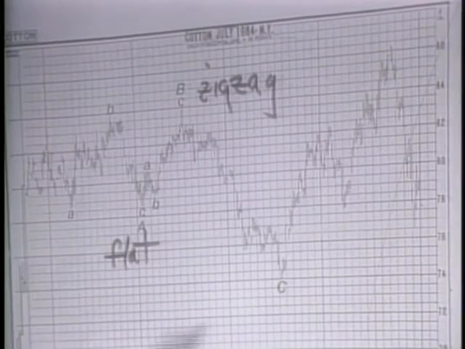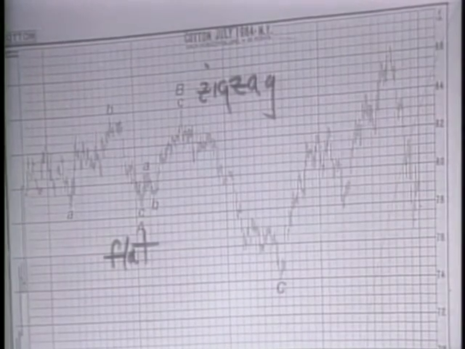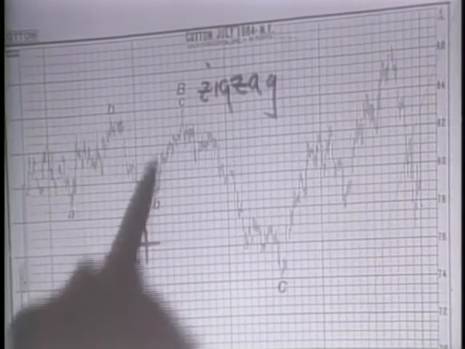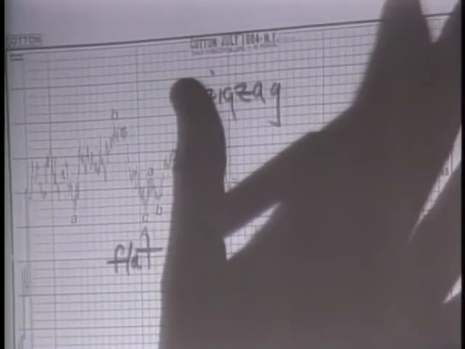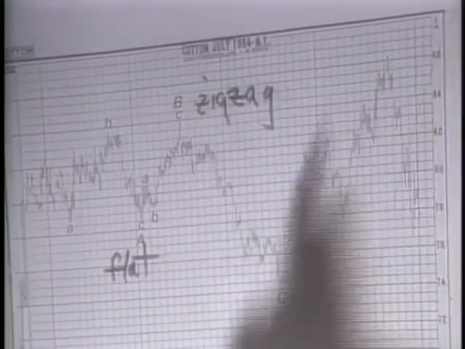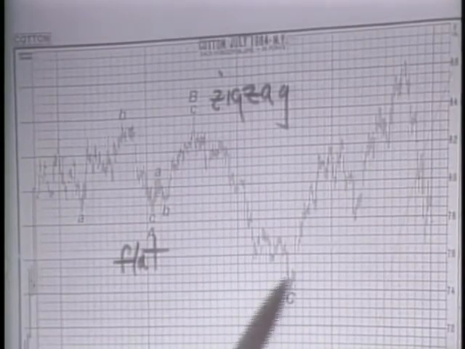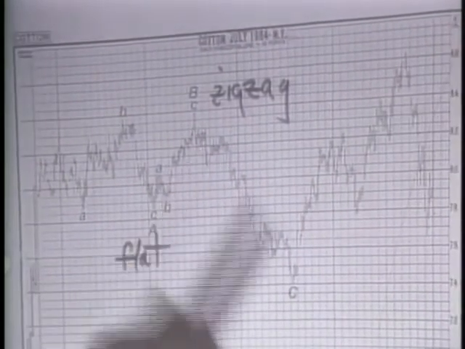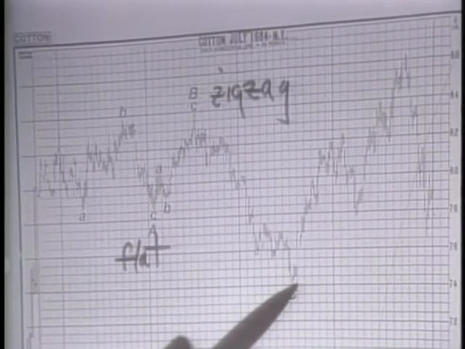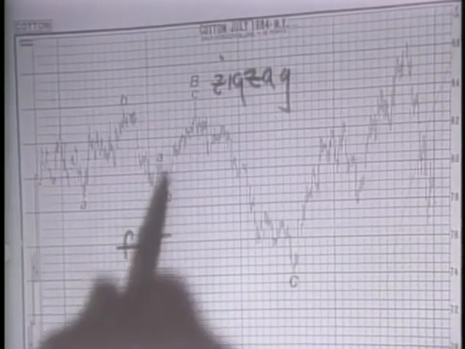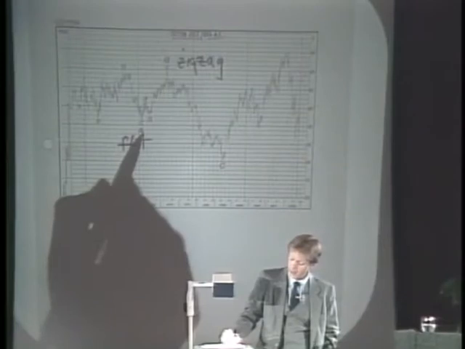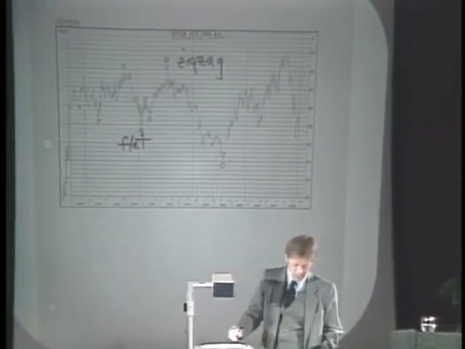Now why would you not label this chart as an ABC X, because this certainly would qualify as an X, it's a 3-wave rally, and then label this decline as a zigzag, as another ABC? And the answer to that is because this decline is best counted as a 5-wave structure. And therefore this is the best labeling for this chart. Flat A, zigzag B, 5 waves down for a C wave.